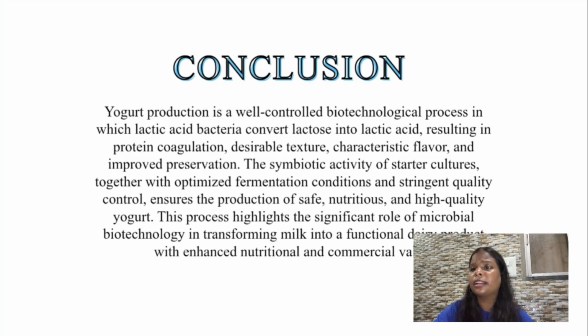The symbiotic interaction between starter cultures, together with optimized processing conditions and strict quality control, ensures the production of safe, high quality yogurt. This demonstrates the significant role of microbial biotechnology in modern dairy industries and highlights the importance of fermentation in producing functional foods.